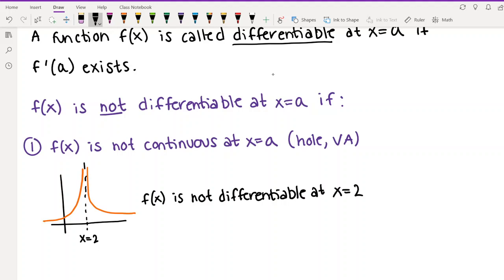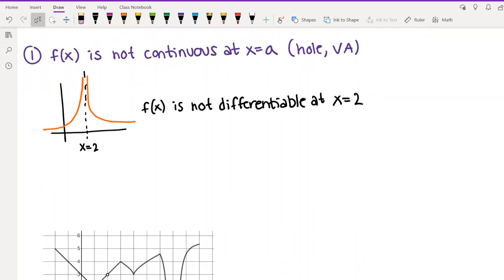And so why is that? Well, in most of the situations that we'll be seeing, if a function is not continuous, it's also not even defined. If there's a vertical asymptote, the original function doesn't even have a point at x equals 2. If there's a vertical asymptote or a hole in your graph, that means there's no information at that specific x value on your graph. And so there's no way that you could even draw a tangent line because there's no point on the graph.